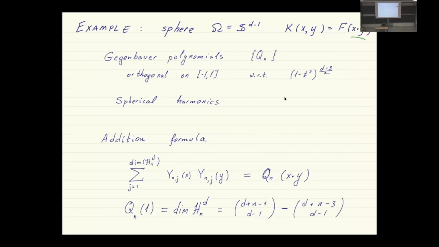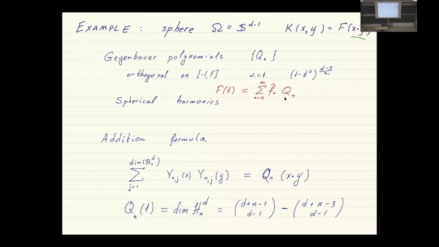Basically, since these are orthogonal polynomials, any L2 function or any continuous function can be expanded into these polynomials, at least in the L2 sense. We'll write it like this.